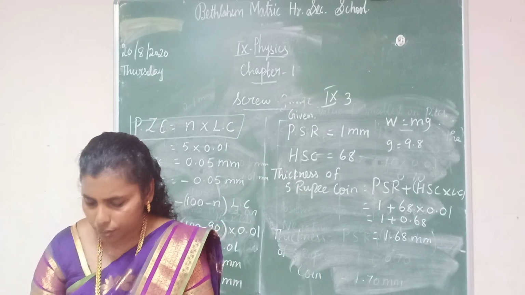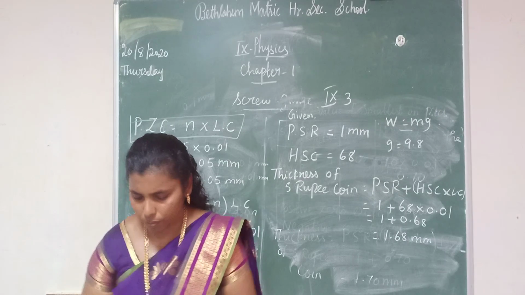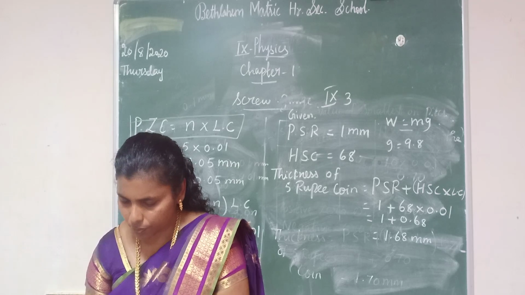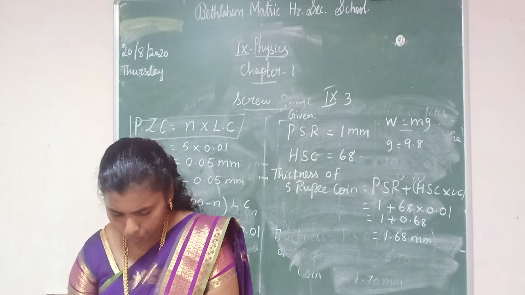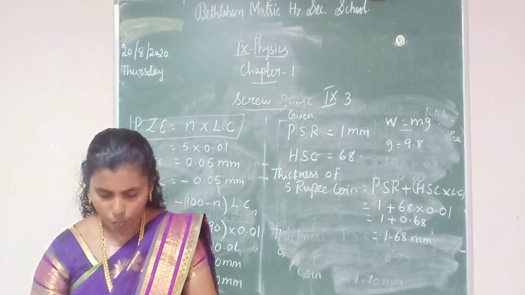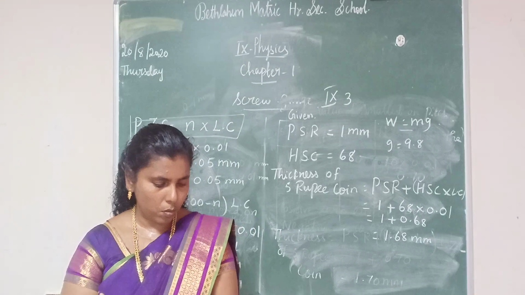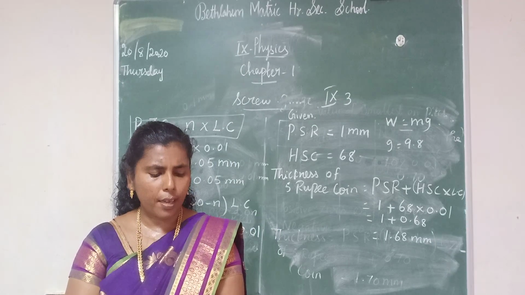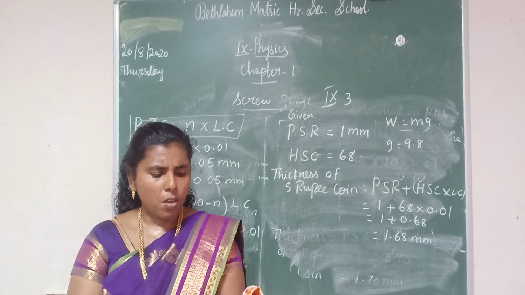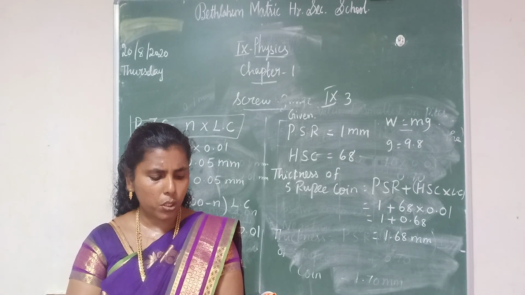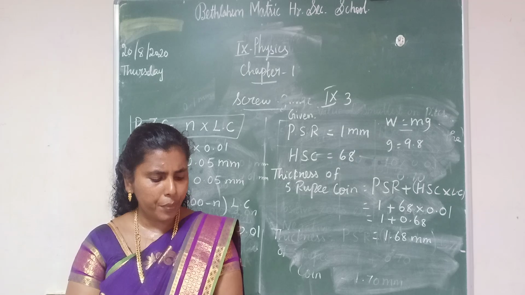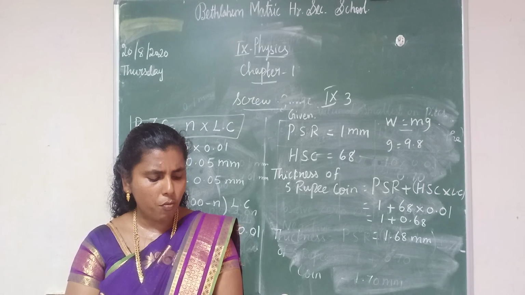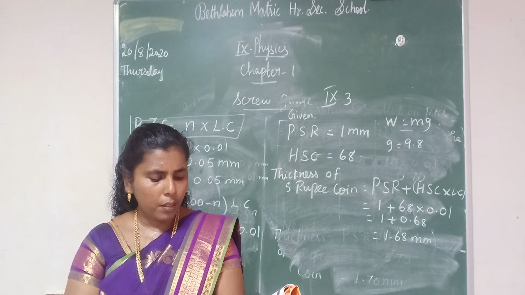Then take your book. First, choose the correct answer. First question, option A; second question, option D; third question, option B; fourth question, option A. Then fill in the blanks.